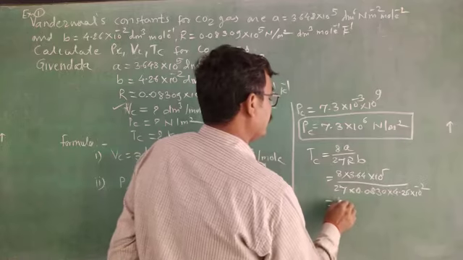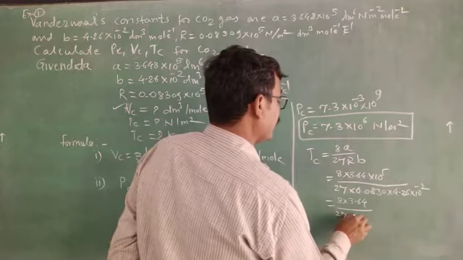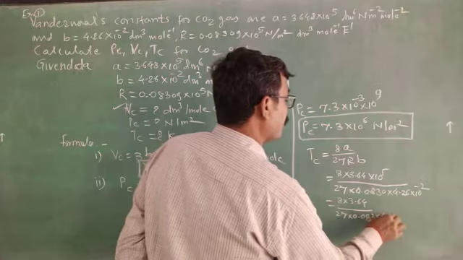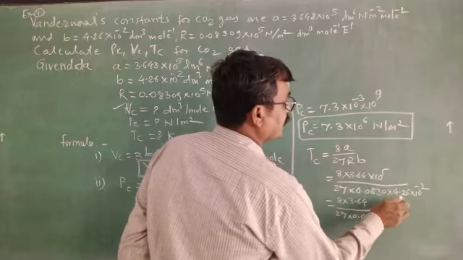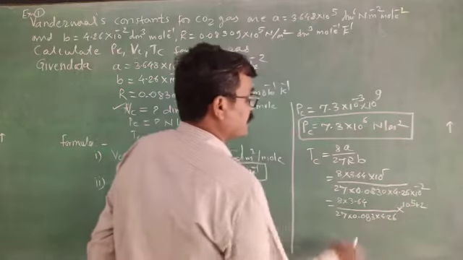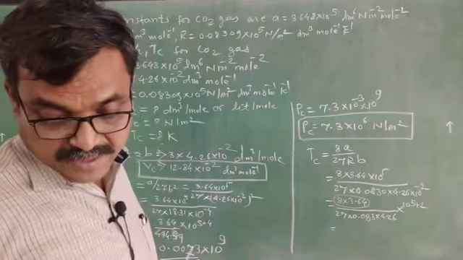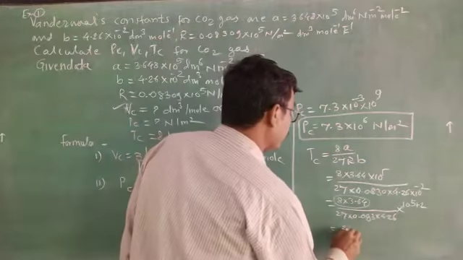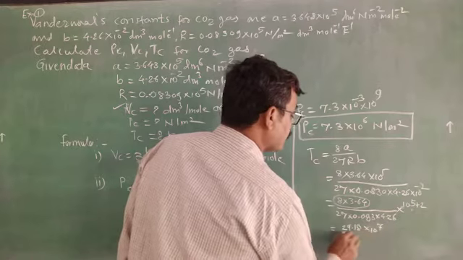See, 8 multiplied by 3.64 upon 27 multiplied by 0.083 into 4.26. Okay, above at the numerator 10 raised to power 5. When this 2 comes to the numerator, it will be plus. Then multiplication of these two, 8 multiplied by 3.64, it will be 29.18 and it will be 10 raised to power 7. 5 plus 2 means 7.